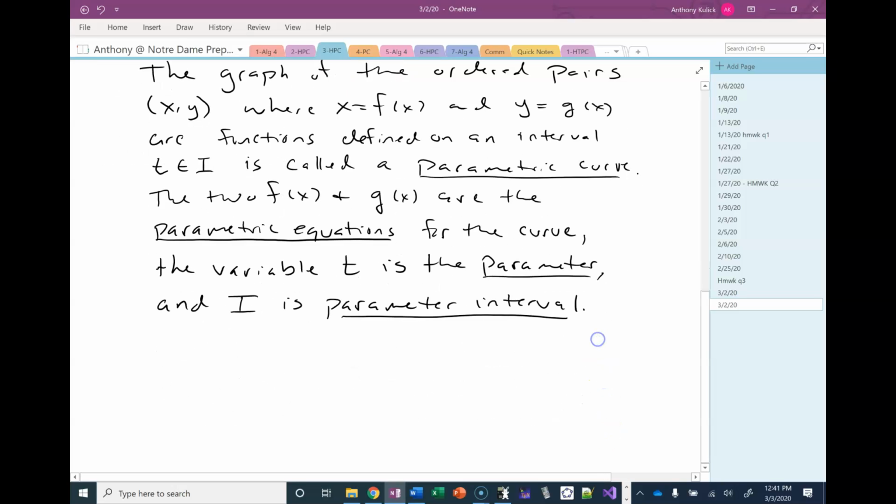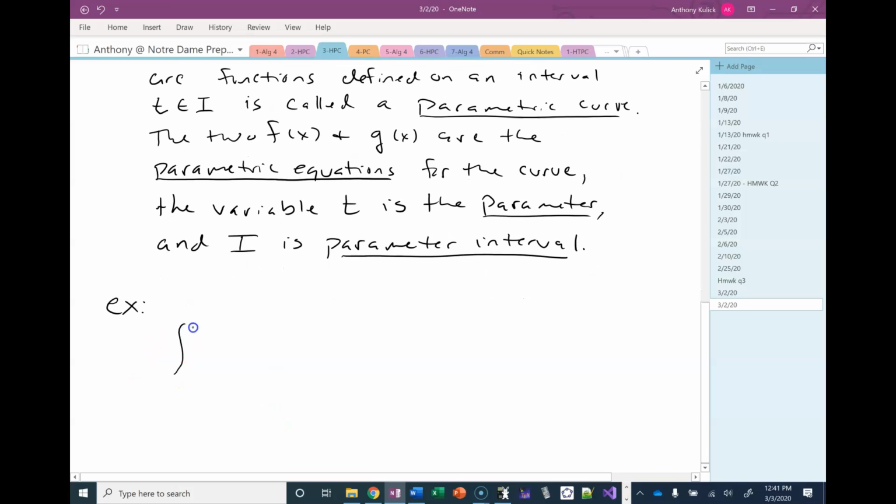So let's look at an example of a parametric function. Let's say we have the parametric function x equals t squared plus 1 and y equals 2t. We're going to show you how to use your calculator to graph this, and we're going to graph it over a couple of different intervals.